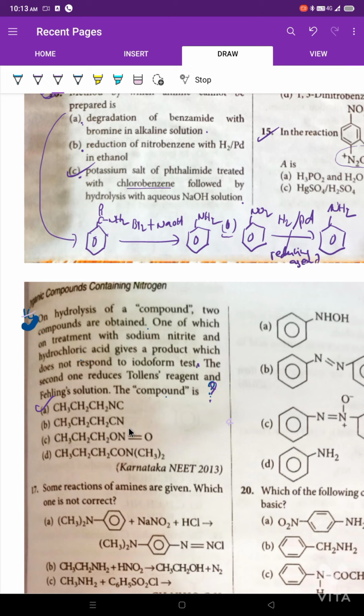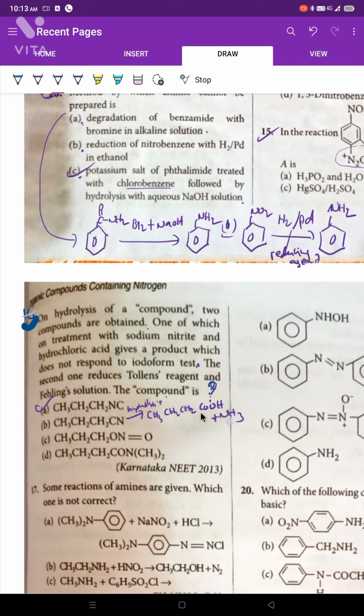If you feel the second one is the correct one, then see what happens on hydrolysis of this one. CH3CH2CH2CONH2 is converted into the acid plus ammonia.